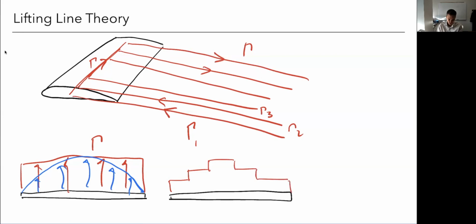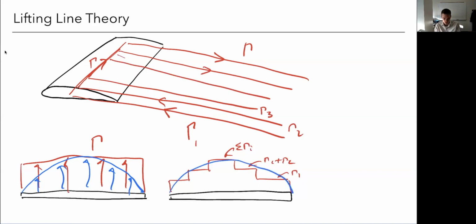Depending how I define gamma, let's say this is gamma 1, this would be gamma 1 plus gamma 2, and this would be the sum of all of those gammas 1 through 3. And in the limit, if I add an infinite number of these, then I can approach the type of smooth distribution that we want.